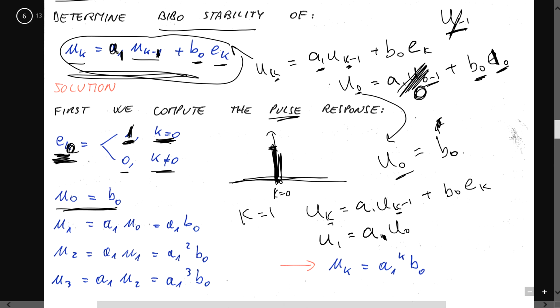A1 U naught plus B naught, and E is 1 over here. So there is an impulse only when k equals 0, as shown over here. When k is not equal to 0, then the impulse is simply 0. So this thing over here is 0, because E1 talks about when k equals 1.